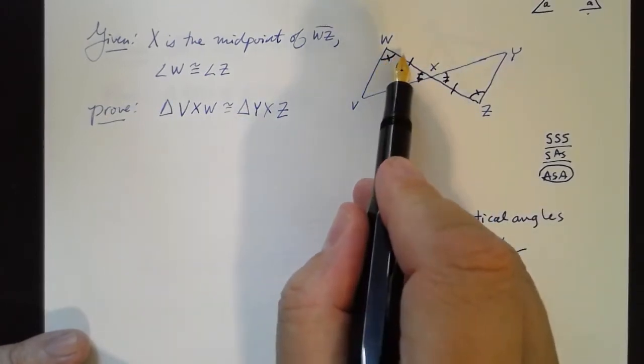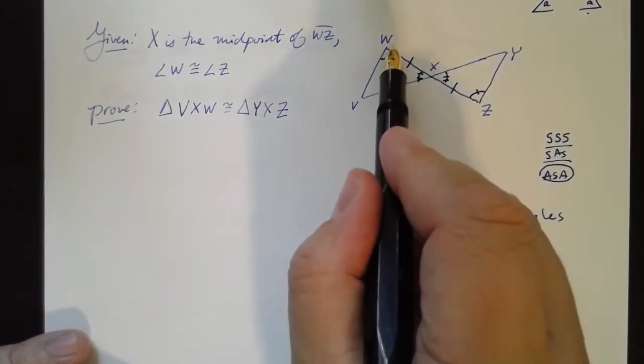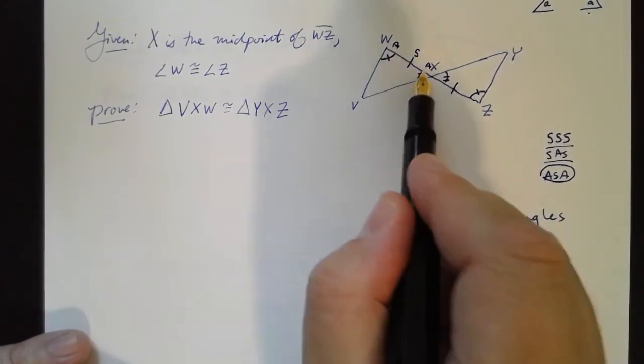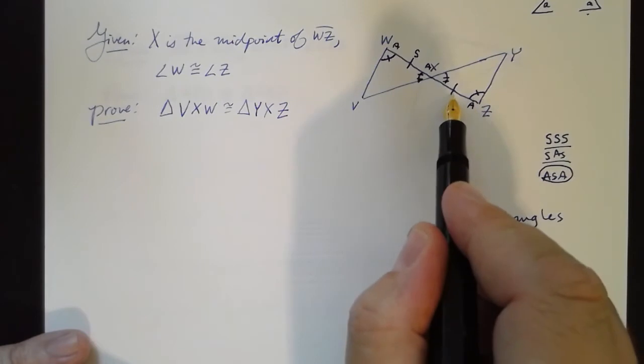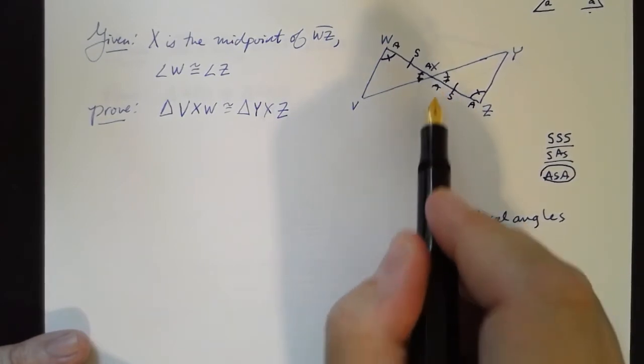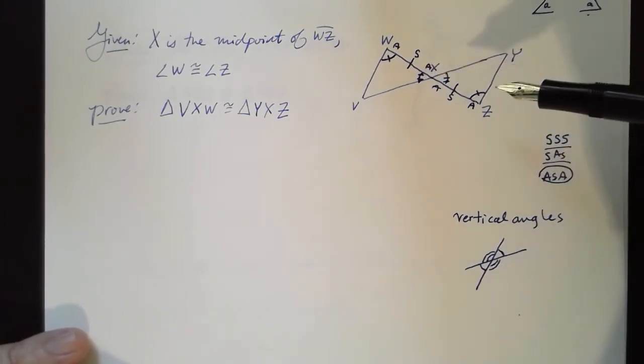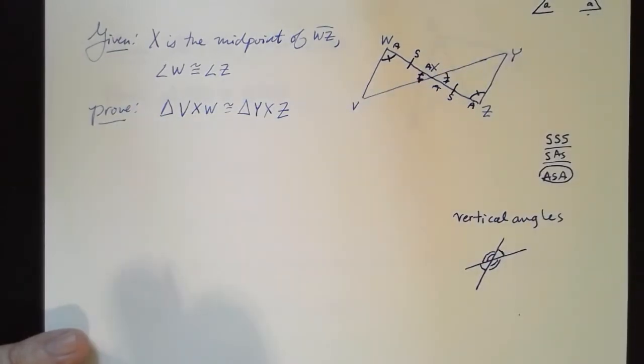That's the ASA pattern. You have angle, side, angle going around the triangle, and then the corresponding same angle, side, angle over here. This pattern of information between 2 triangles guarantees the triangles must be congruent, which is what we're trying to prove.